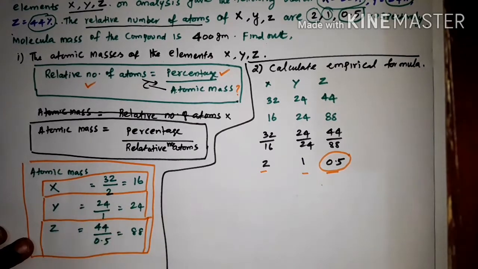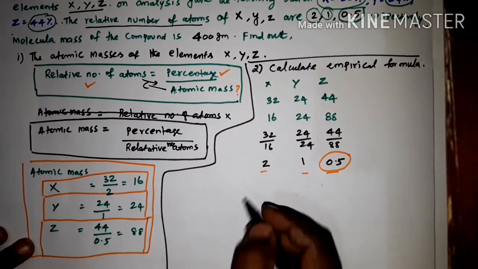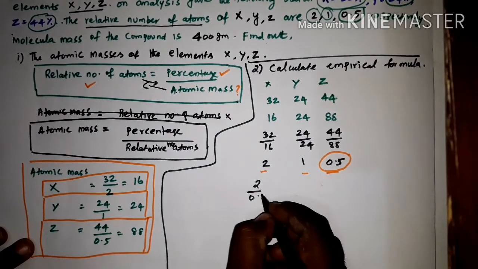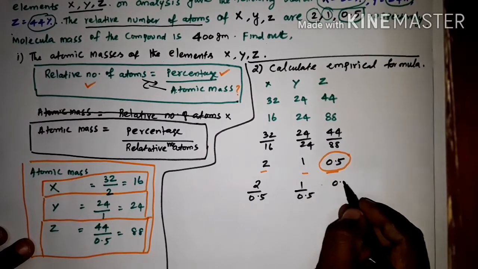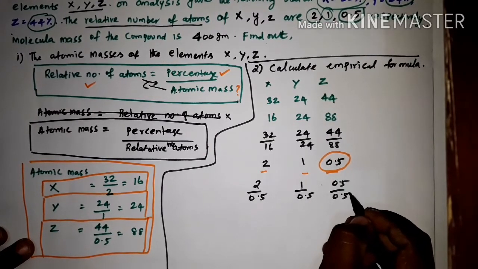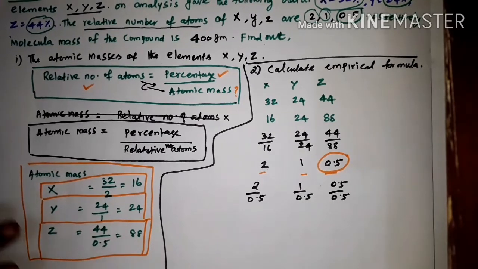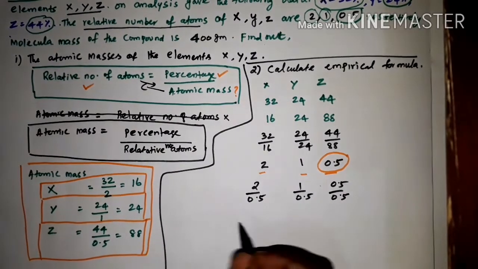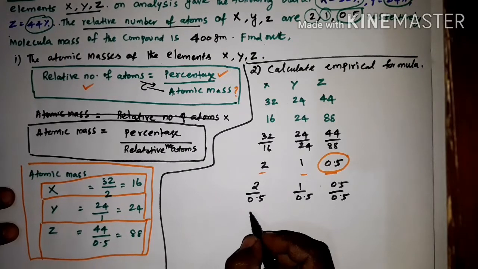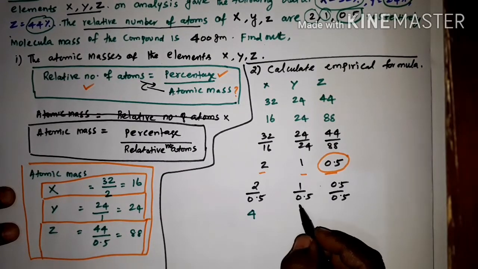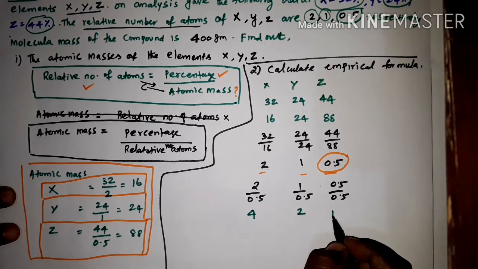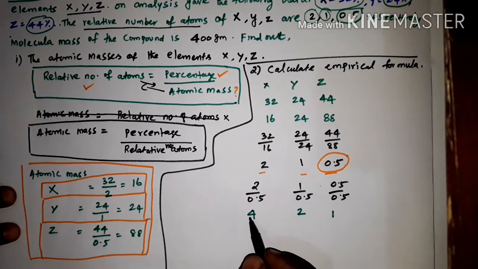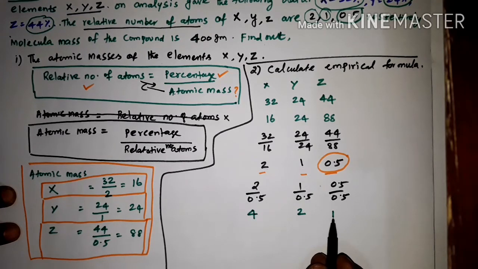So 2 divided by 0.5, 1 by 0.5 and 0.5 by 0.5. What will be the answer? 2 divided by 0.5 is 4. 1 by 0.5 is 2. 0.5 by 0.5 is 1. Clear? This is the simplest ratio we got, that is 4:2:1.